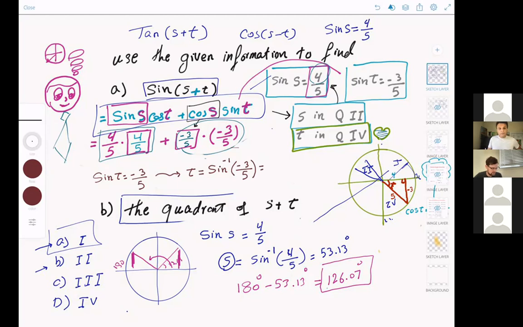Undefined? I mean, probably human error. Did you make sure you are in degrees mode? Yeah, no, I'm in radians.